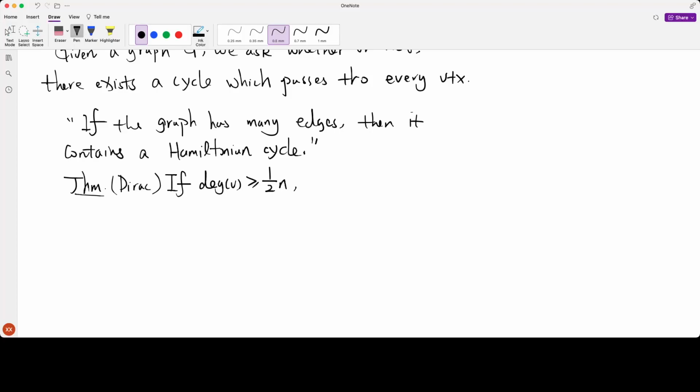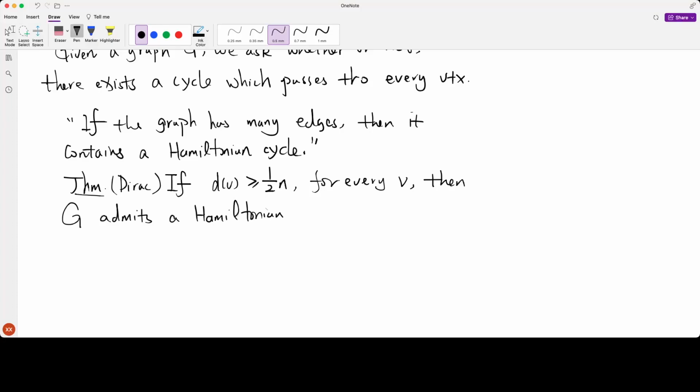So if d(v) is at least n/2 for every vertex v, then G admits a Hamiltonian cycle.